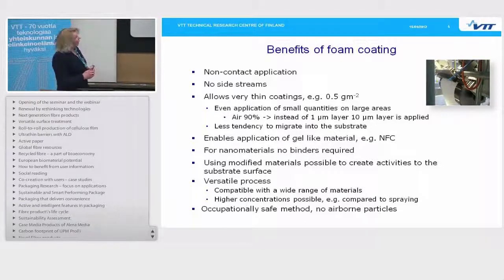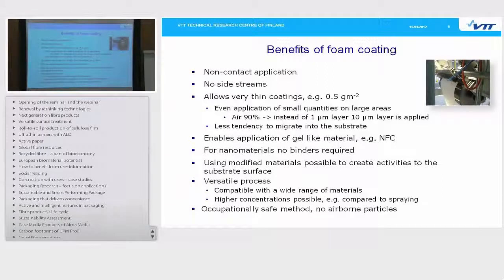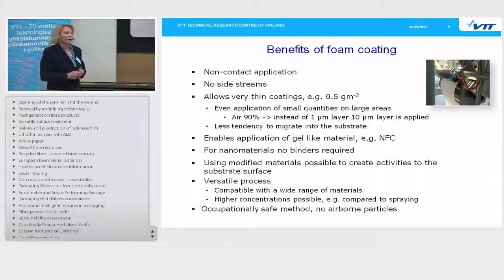We can also apply gel-like materials like nanocellulose as is. We don't need to dilute it. And when we apply nanomaterials, we don't need any binders. That means that the coating recipes can be very simple ones. It's also possible to create functionalities on the paper surface using functionalized materials. This technology is also very versatile.